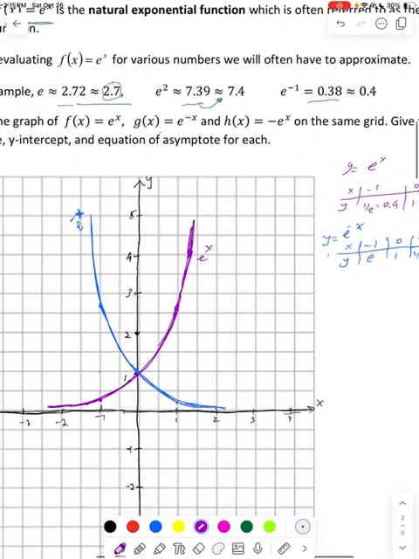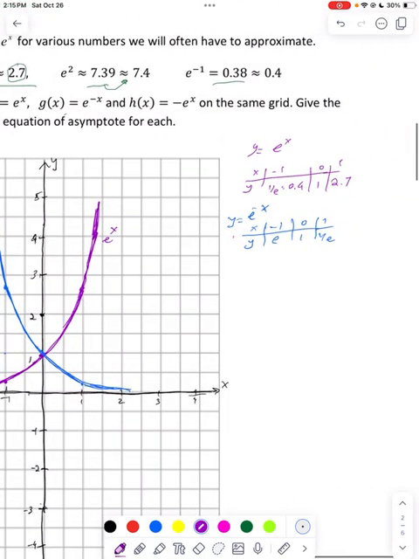Then we also have to graph negative e to the x. So what does that do? If you make the values -1, 0, 1, at -1 you will get -1 over e. At 0, it would still be 1, but because of the negative sign, it will be -1 now.